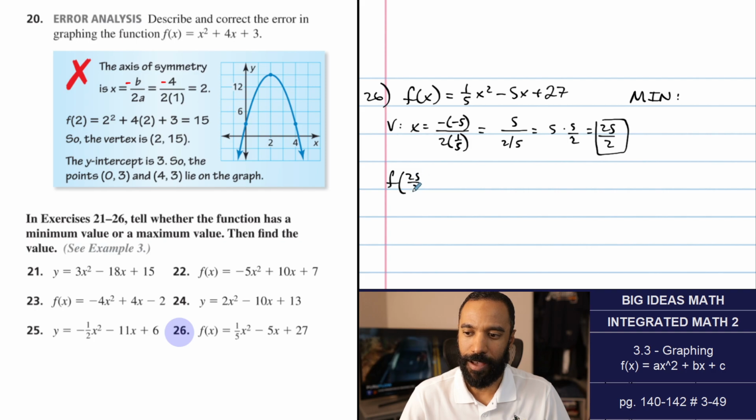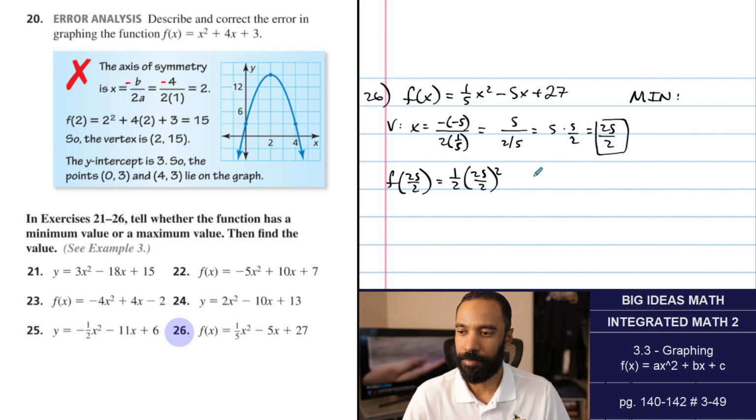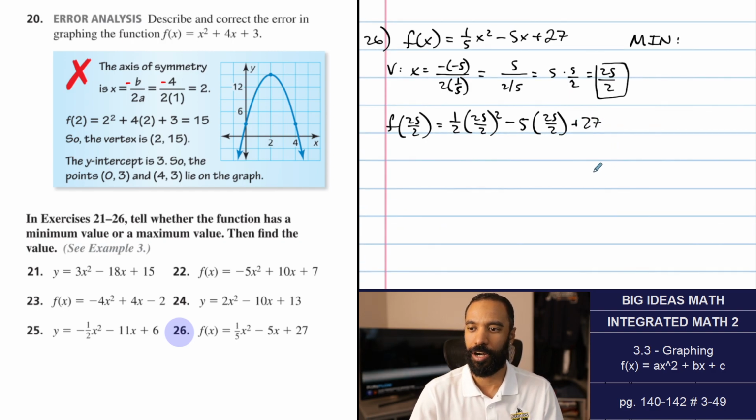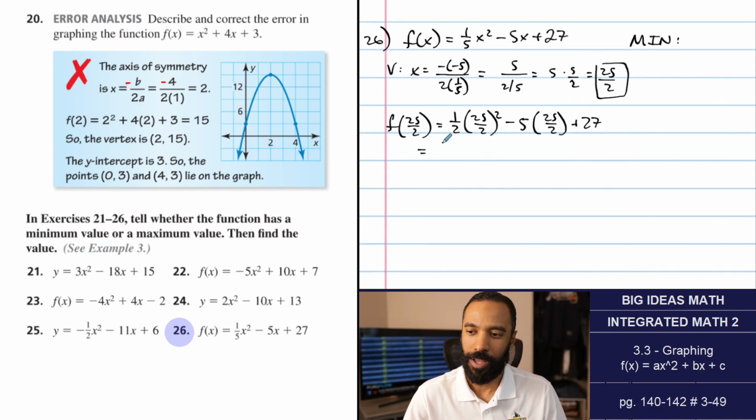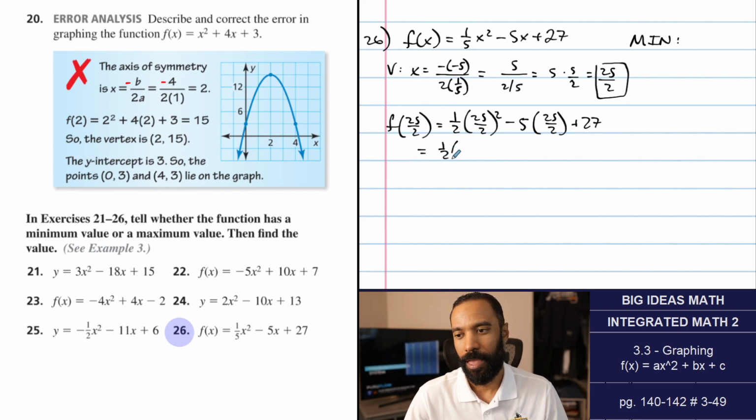F of 25 halves is 1/5 times 25 halves squared minus 5 times 25 halves plus 27. Let's go. 1/2 of 625 over 4.